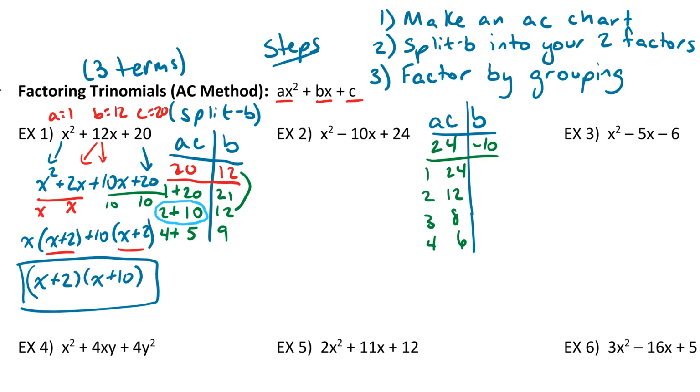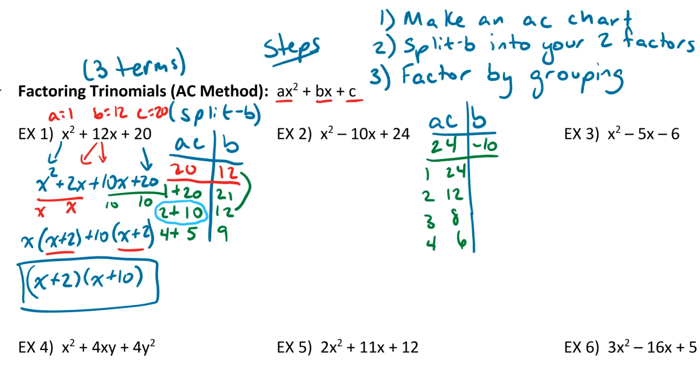Now remember, we're trying to get these to add up to get b, which is negative. The only way for two numbers to add up to be negative is if the bigger number is negative. So, in order to do this, the sign of the bigger number should always match b. Just think b for bigger.